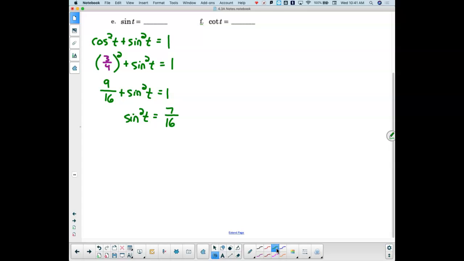Is that my answer? No. Why not? I have to get rid of the square. How do I get rid of a square? I square root it, but then that brings in the plus or minus, right?